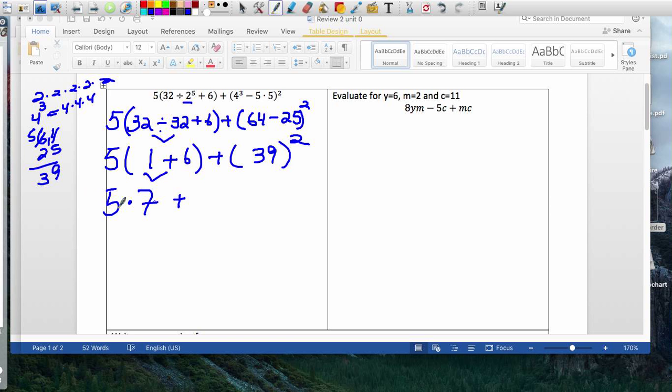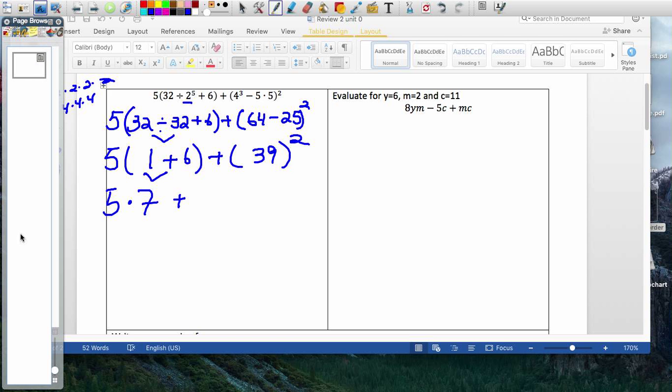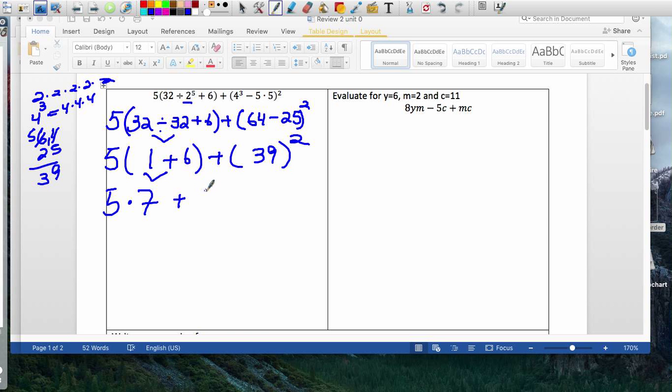And 39 to the 2nd power, I can do that, or I can ask Alexa, Alexa, 39 times 39. 39 multiplied by 39 equals 1,521. Okay, so 39 to the 2nd power equals 1,521. So let's take care of this.